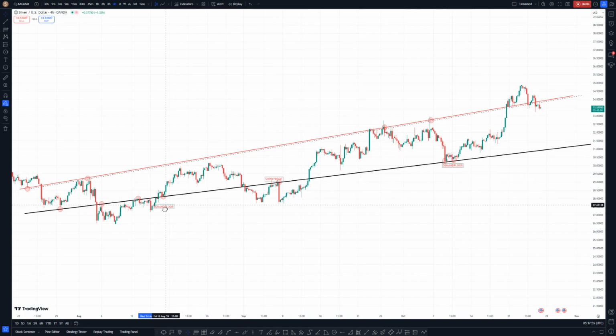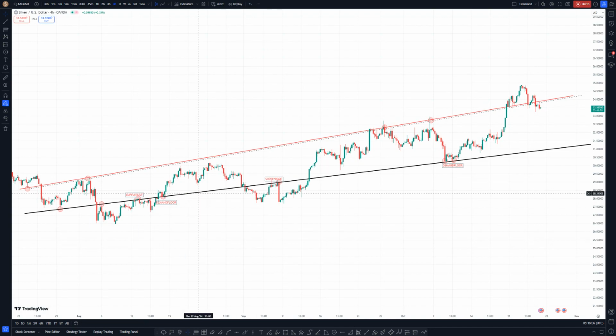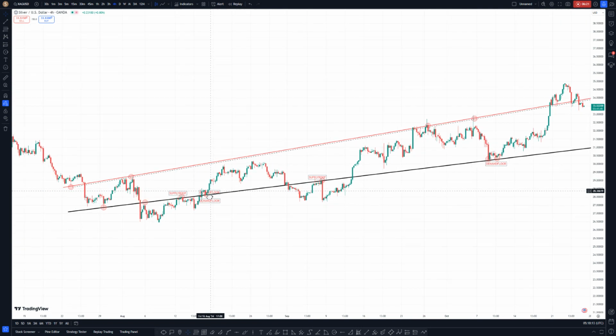This is our demand floor, and this is our supply roof.